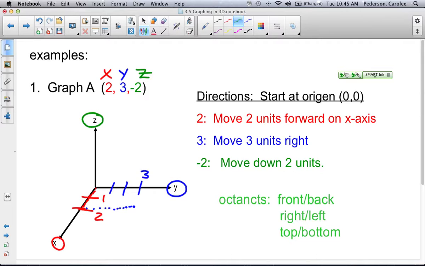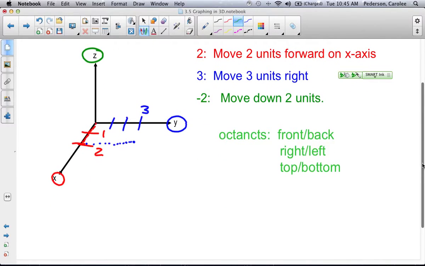So imagine this z-axis going straight down. If you see this black line, it kind of continues down, and we're going to go down 2 units. So here's my blue, I'm going to go down 2 units. So there is my official point A on my graph.